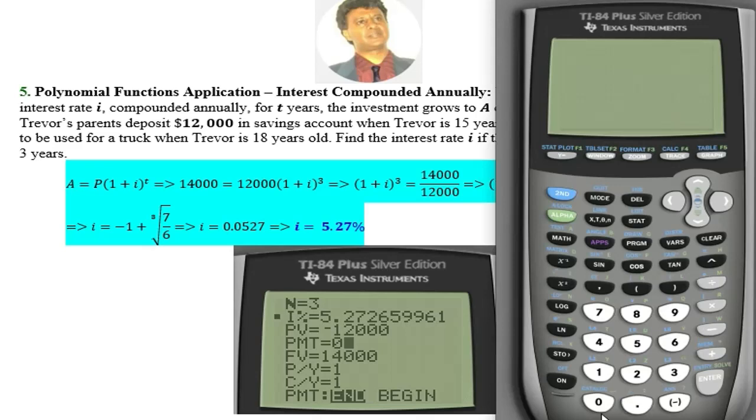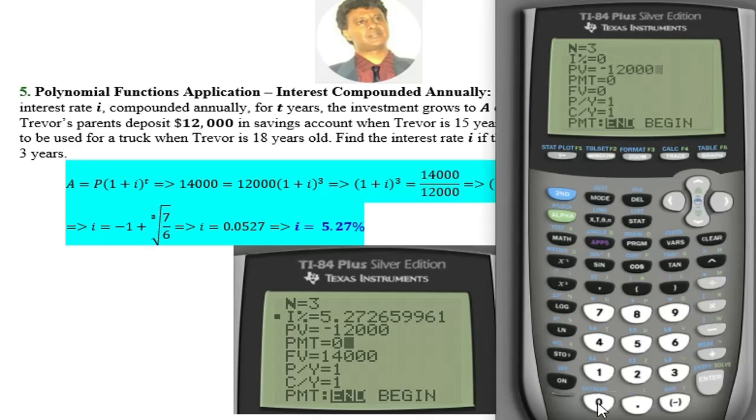And here it is. Turn on the calculator, then go to App, Finance, TVM Solver. N is 3 years times annually times 1, which is 3. PV is 12,000.